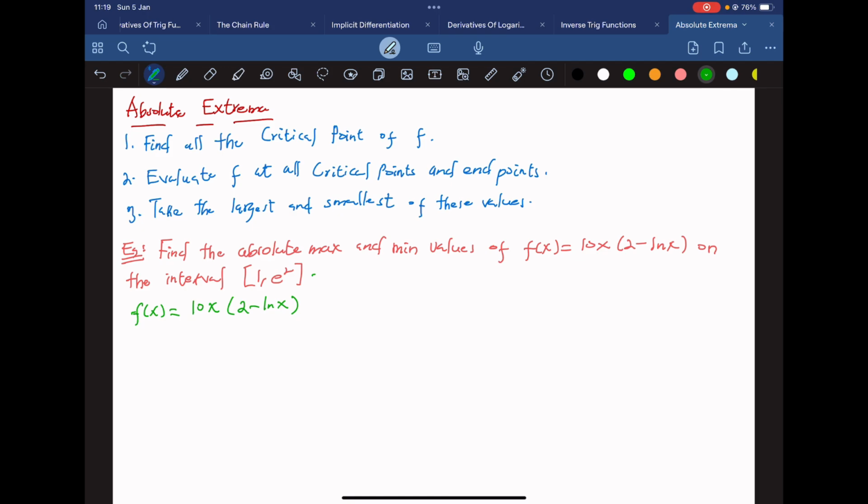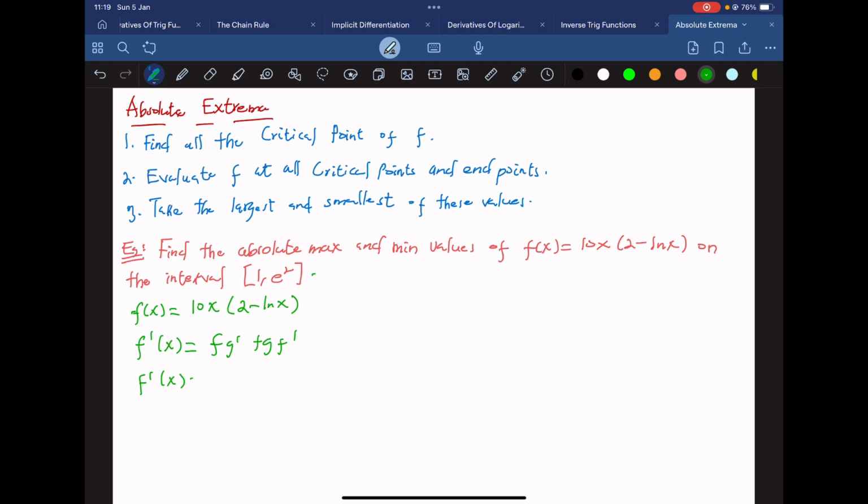Now, to find a critical point, the first thing to do is to find the derivative of your function. So let's differentiate our function. For f prime of x, we have to use the product rule since we have two separate functions. Using the product rule, we have f times g prime plus g times f prime.